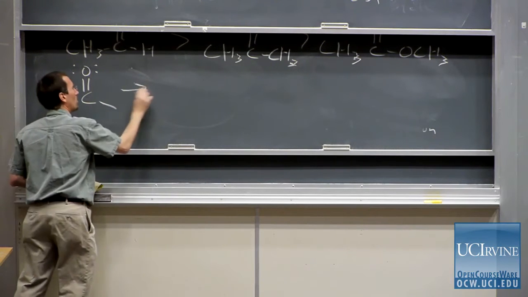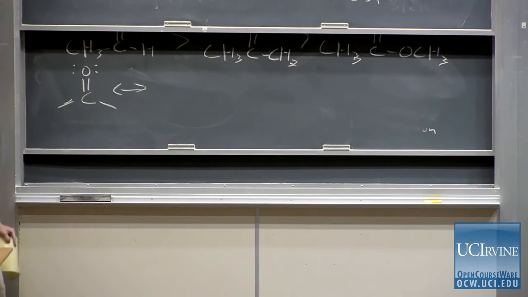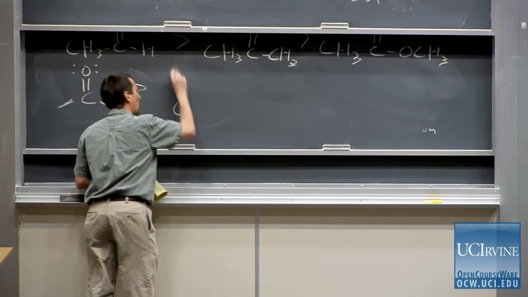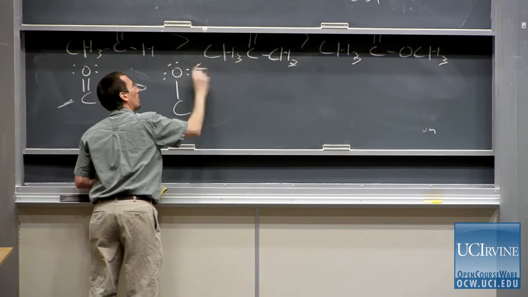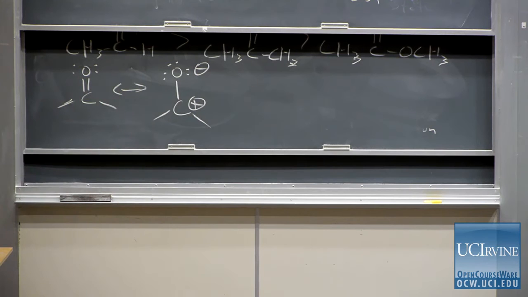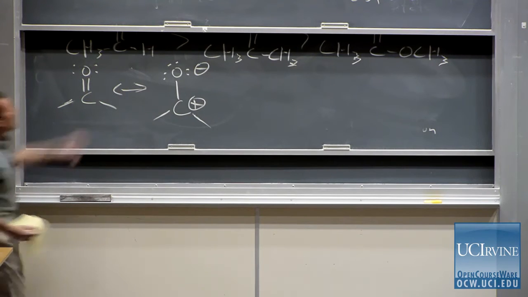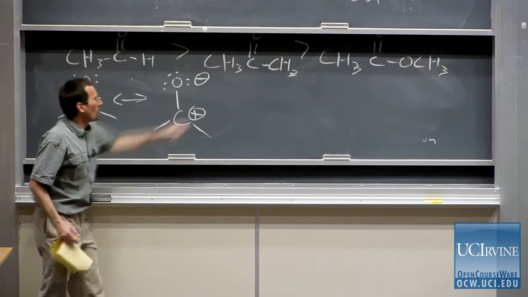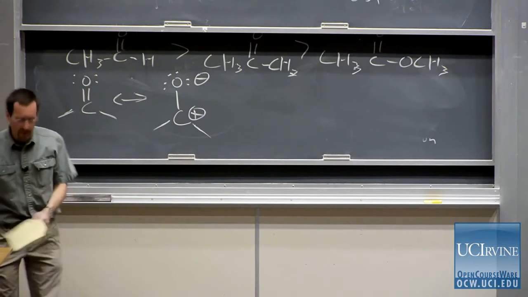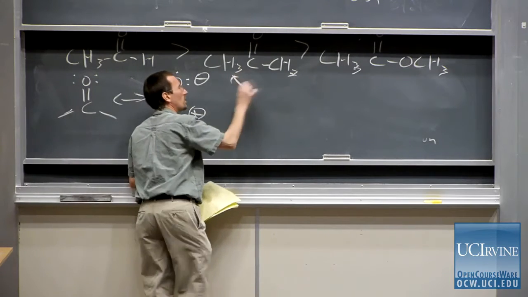One is the major resonance structure, in which the carbon has a complete octet, and the minor resonance structure in which we have separation of charge and the carbon doesn't have a complete octet. Now, in the case of acetone, we have two methyl groups here. Those methyl groups are stabilizing by electron donation.